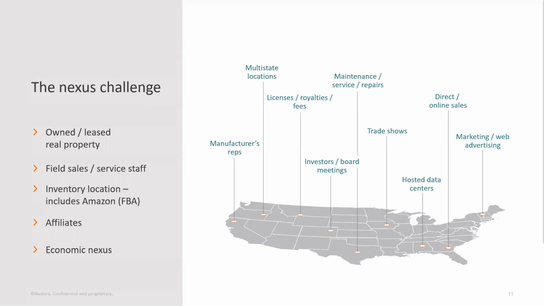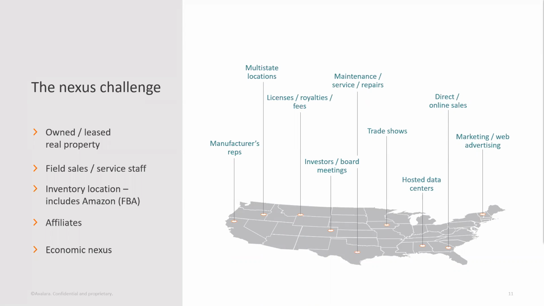We work with a number of merchants that participate in FBA, or Fulfillment by Amazon, and that is a huge Nexus triggering piece. You don't always know where Amazon's going to put your goods, and that's something you've got to track. I use Phoenix as an example because I know they have a huge warehouse there. If you've got goods stored in Phoenix, that's going to trigger physical Nexus in Arizona. So again, something to stay on top of from a Nexus footprint piece.